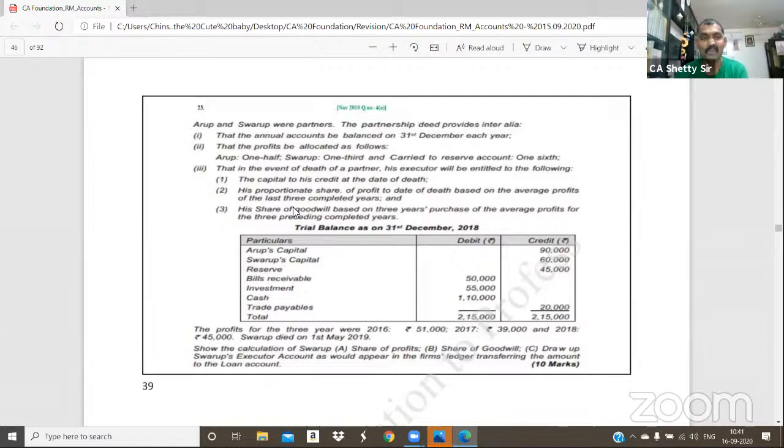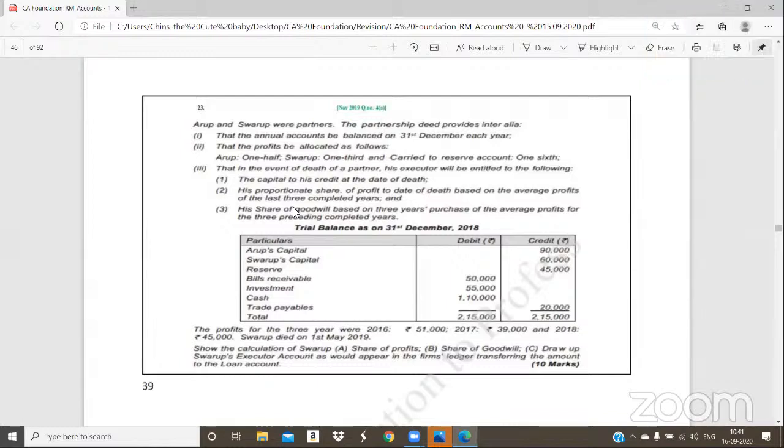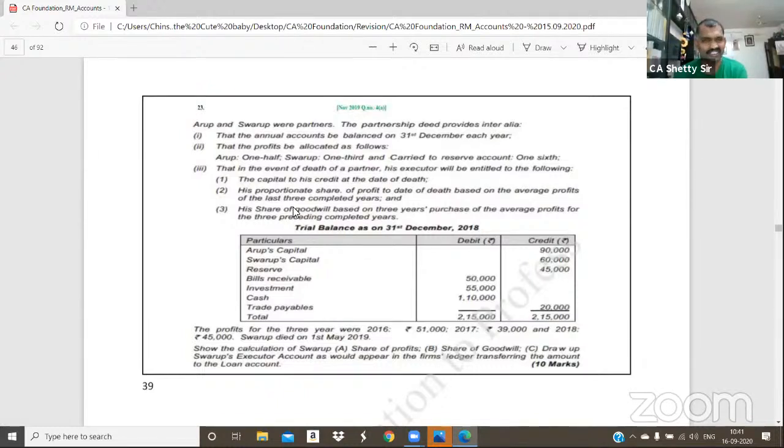That the profit be allocated as follows: Arup half, 1/2, Swaroop 1/3, and carried to the reserve account 1/6. So this is a slightly different problem. That's why I've taken up this question. 1/2 is the half, then 1/3, and balance will be transferred to reserve account. That's the procedure. Next.